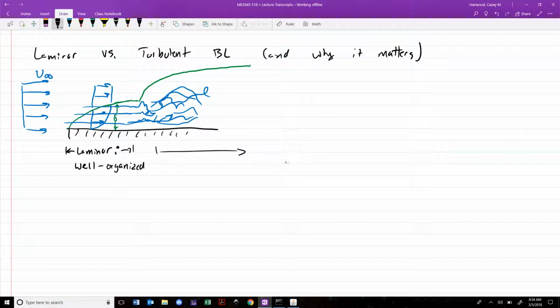Downstream here we have turbulent flow, which is characterized by chaotic or fluctuating velocities. And between these two points, we'll draw this with a little red arrow here, we would say this is known as transitional flow.